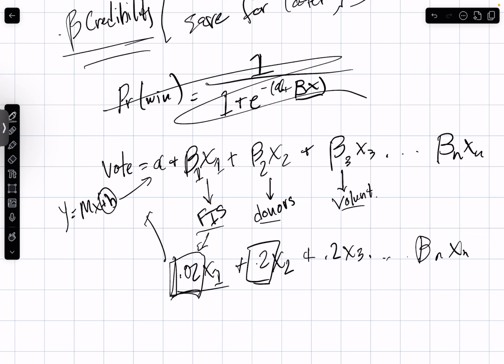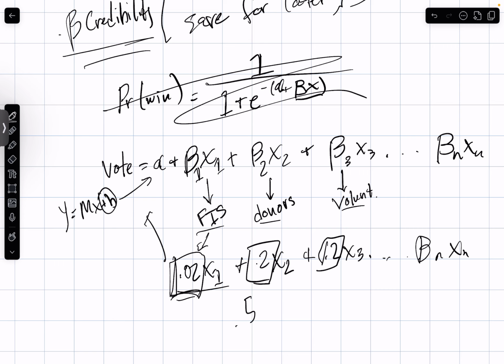Whereas 0.2, not bad, okay, out of 1. It is moderately determinative, kind of small, but not as small as formal institutional support. And same for volunteers.